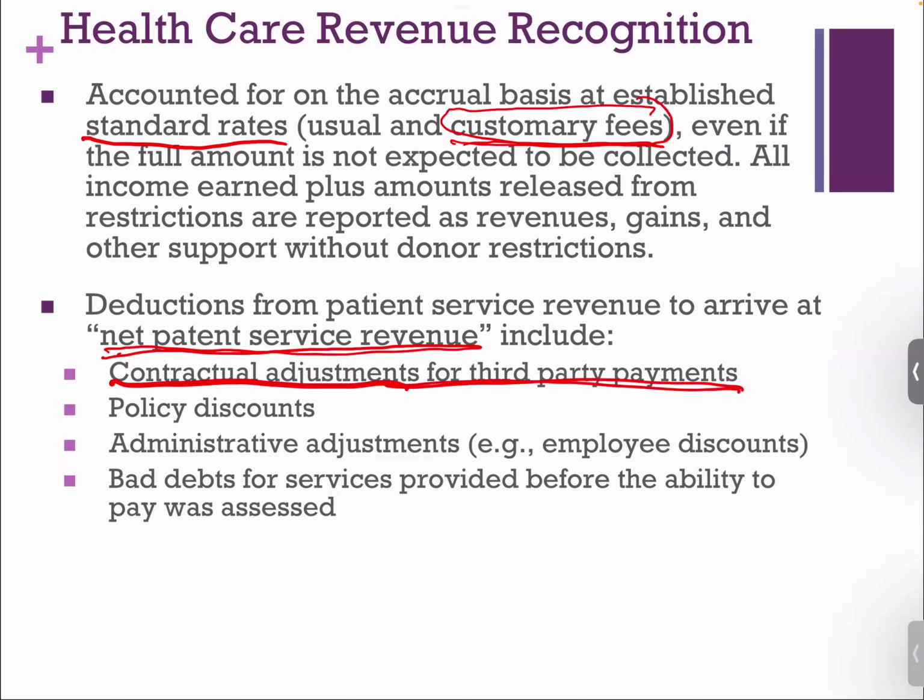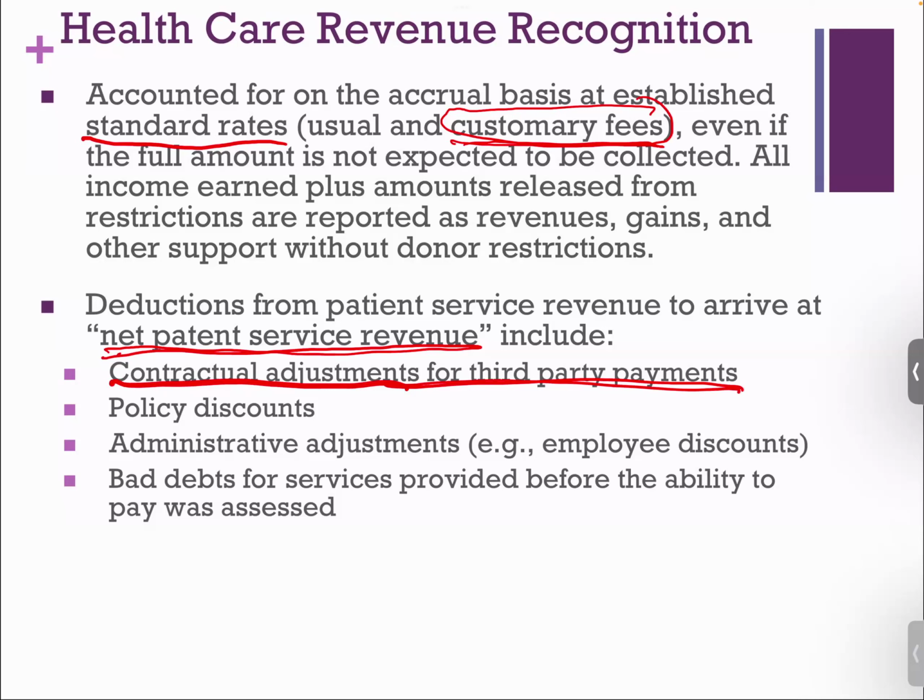With insurance companies, you can bill them whatever your customary fees are, but if an insurance company has enough buying power, if they're big enough in the market, they'll pay essentially whatever they want to pay. Normally they're negotiated, but anyway, that's your contractual adjustments.